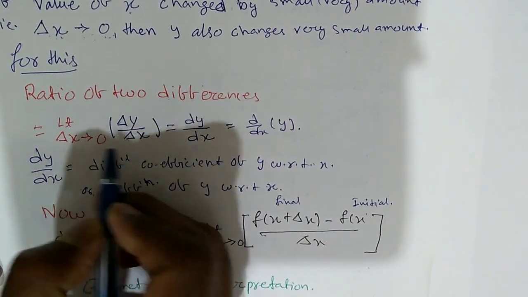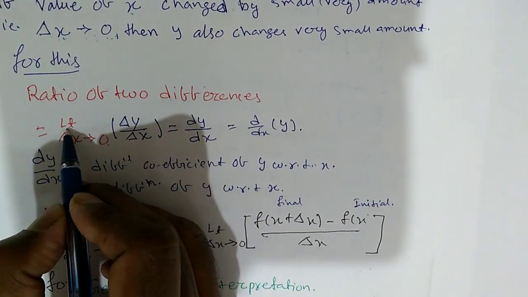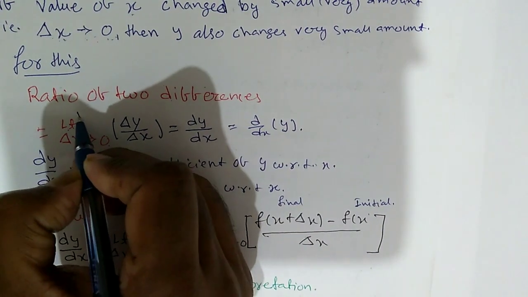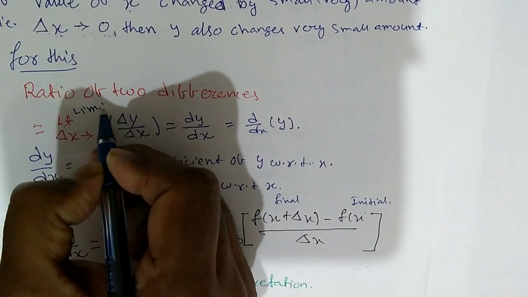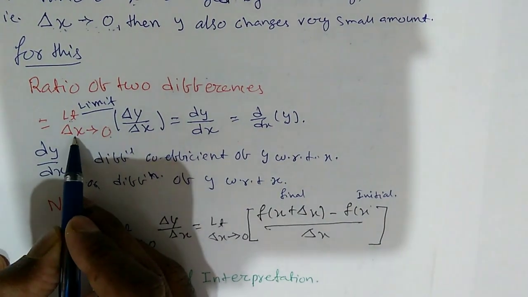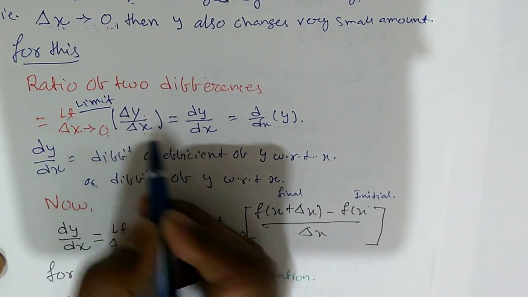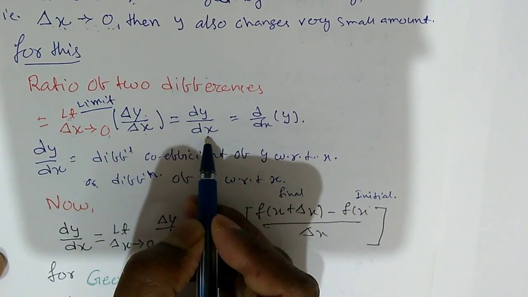If del x tends to 0, then we write limit. So here limit del x tends to 0 of del y upon del x, that is dy upon dx.